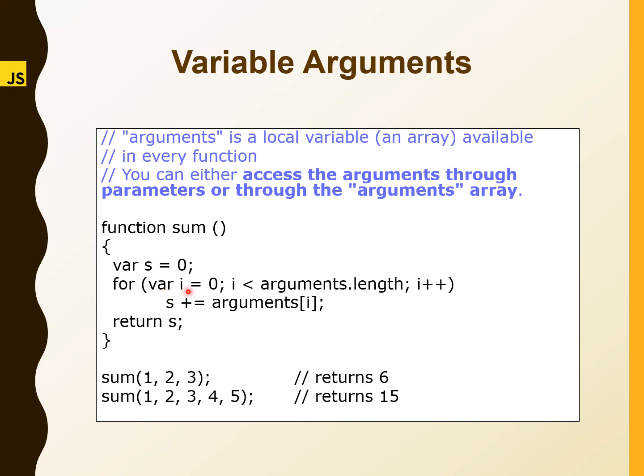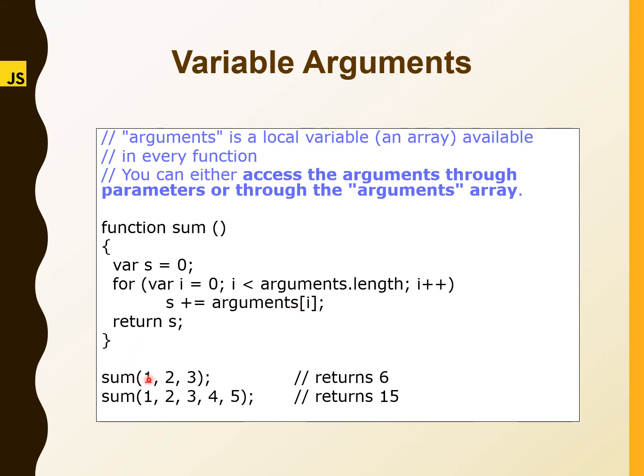Here 1, 2, 3 is inside the arguments array. Using this for loop we access all the elements in the arguments array. Initially i is 0, so s += arguments[i]. At present s has value 0, and arguments[0] contains value 1.